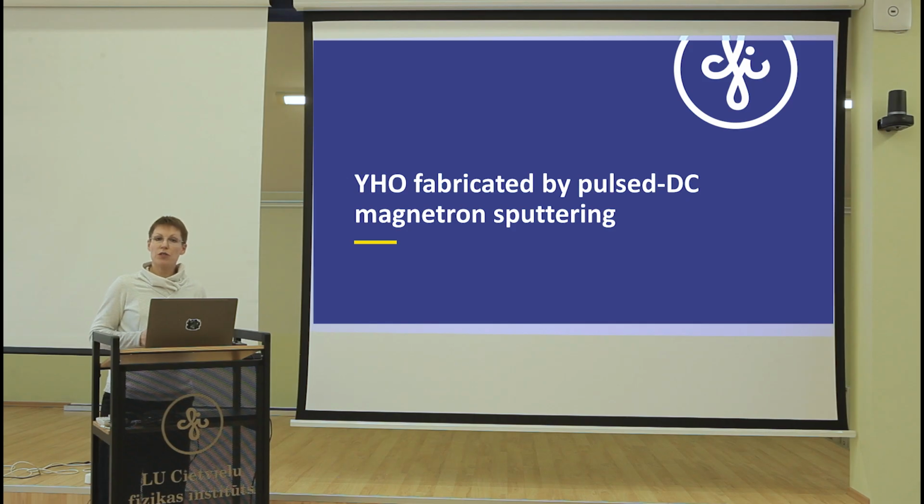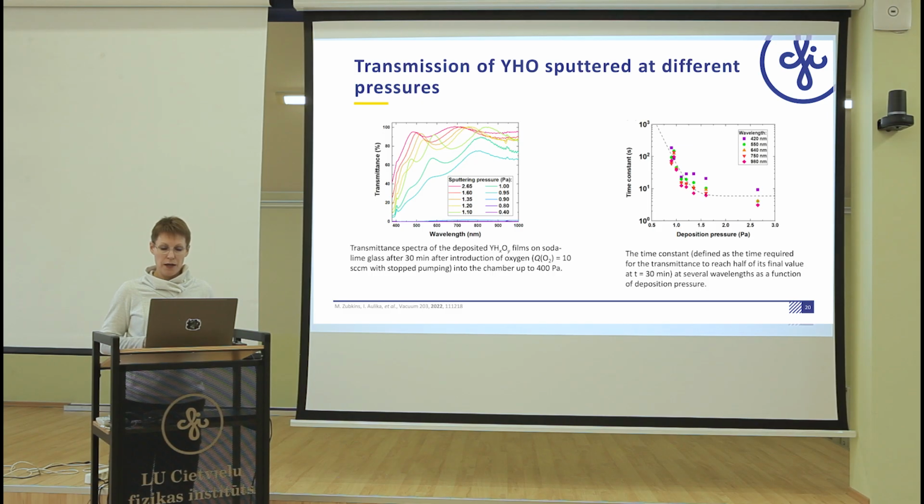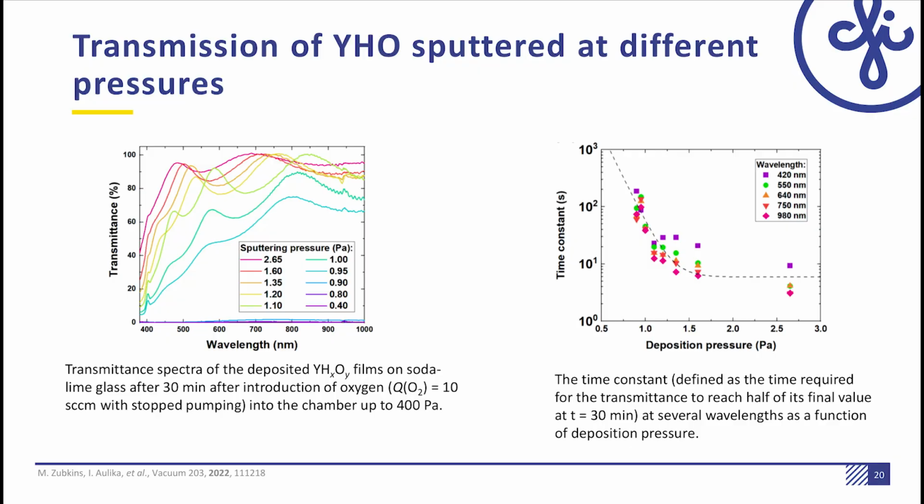Now I will show you some examples of yttrium hydroxide films fabricated by pulsed DC magnetron sputtering. By varying the sputtering pressure, we can tune the film's phase. At low pressures, we can obtain films which are metallic, which appear dark due to low transmission. These are films with transmission almost zero over here in this graph.